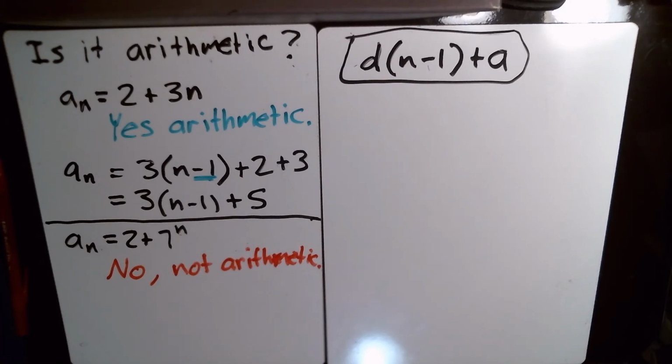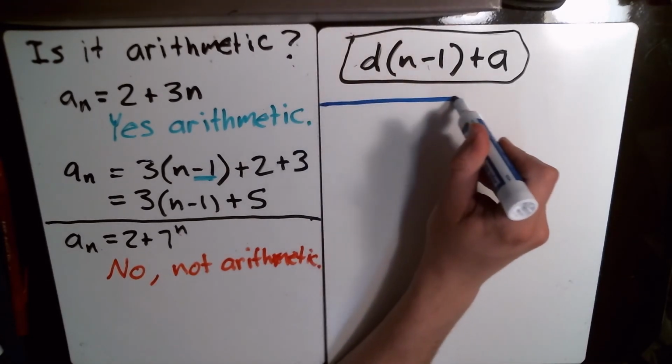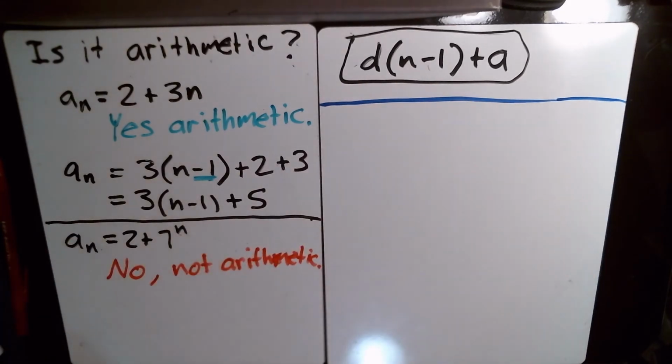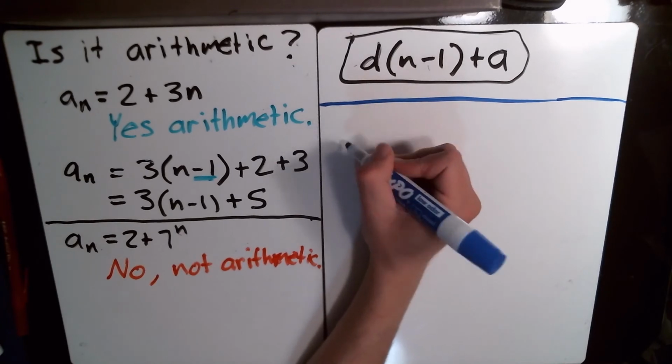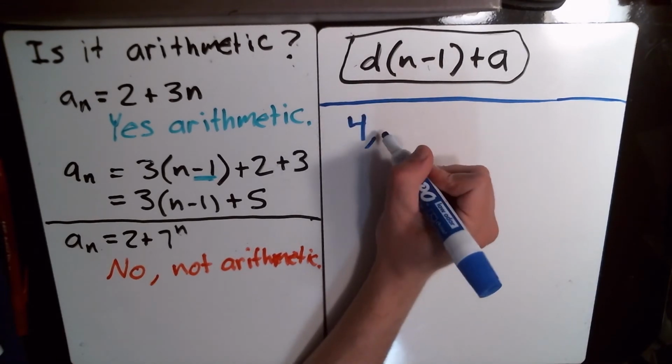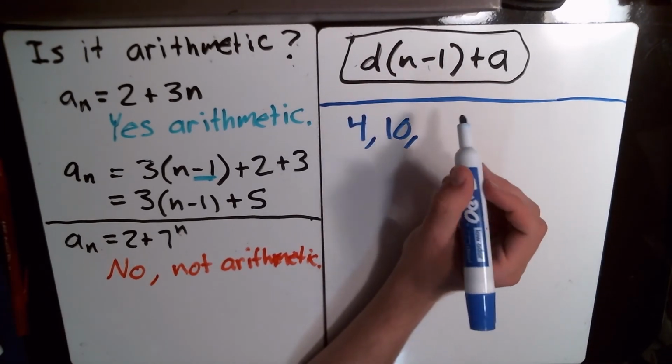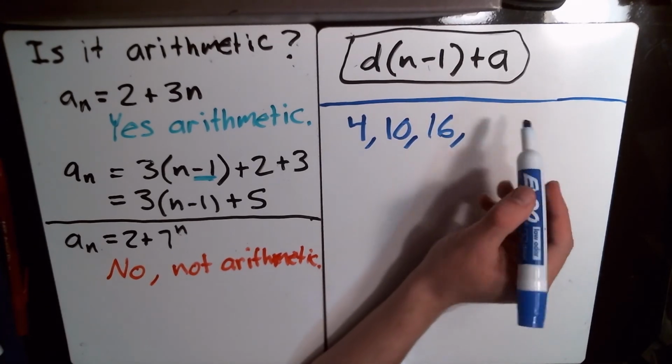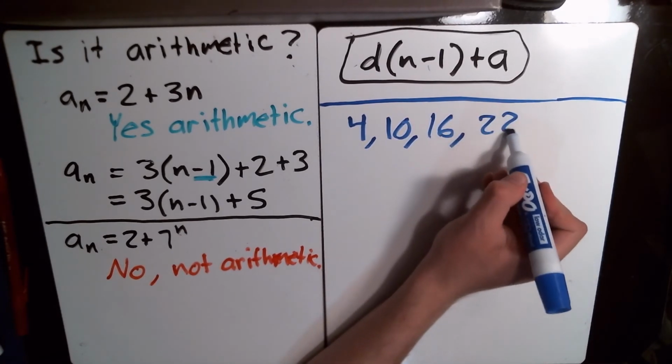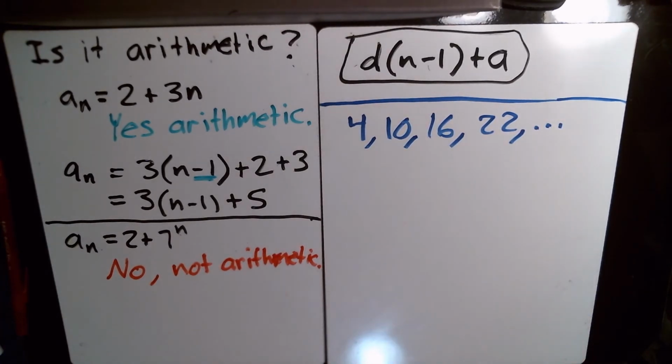One last thing I want to mention before this video is over, and I let you work on the homework, is one more example problem that's a little bit different from these ones we just did, but along the same vein. Let's say that I have a sequence here, 4, 10, 16, 22, and so on, and it tells us that it's arithmetic.